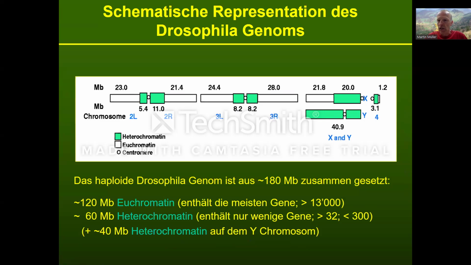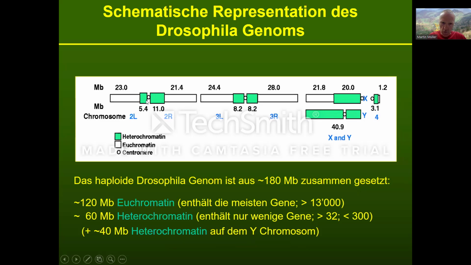proteins needed for fertility. Then you can see that the small 4th chromosome has very little euchromatin also. Nevertheless, there are some important genes also on the 4th chromosome. The 4th chromosome is only about 1% of the whole Drosophila genome. And then you can see that there are what we call chromosome arms.